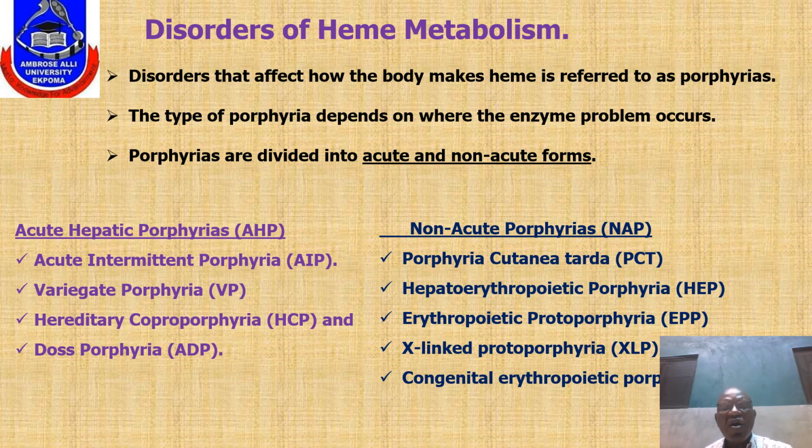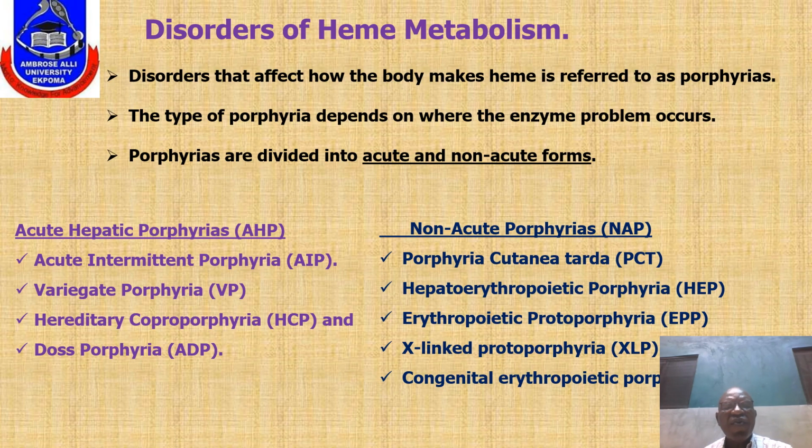This can occur as a result of an enzyme problem the cell faces during synthesis of heme or degradation or breakdown of heme. And these defects or disorders are referred to as porphyrias.